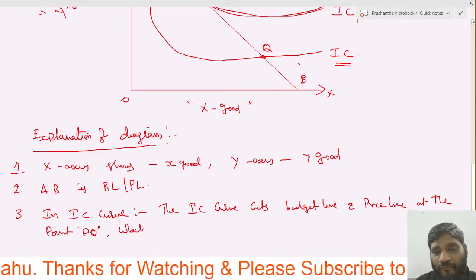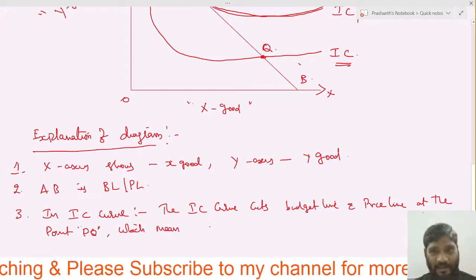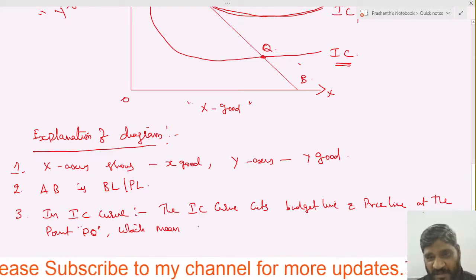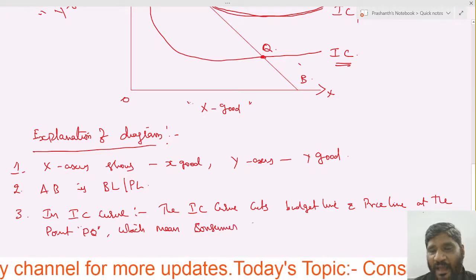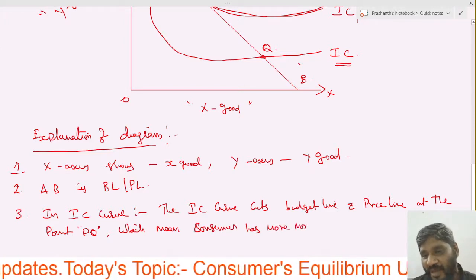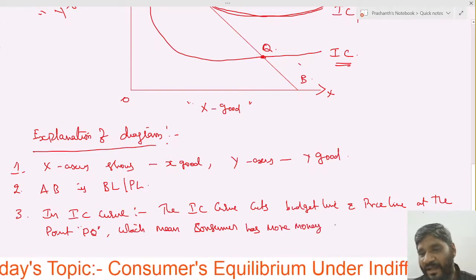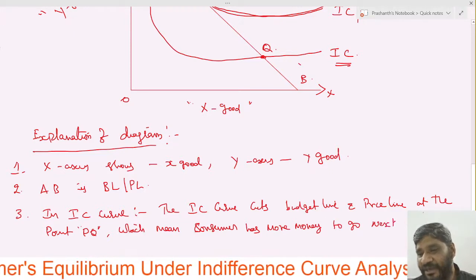If the IC curve is cutting the budget line, it means the consumer has more money to go for the next combination.